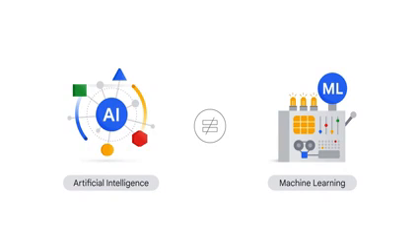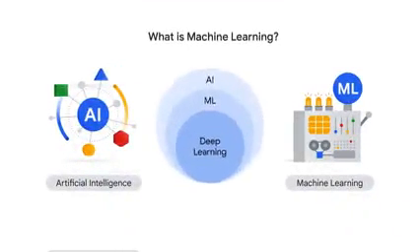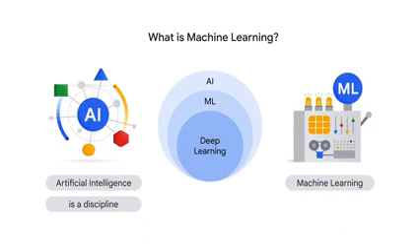Well, since we are going to explore generative artificial intelligence, let's provide a bit of context. So two very common questions asked are, what is artificial intelligence, and what is the difference between AI and machine learning? One way to think about it is that AI is a discipline, like physics, for example.